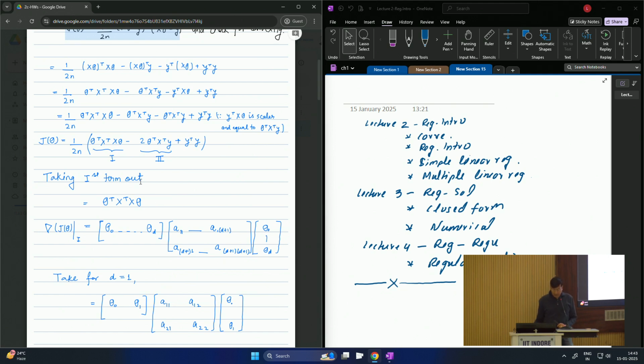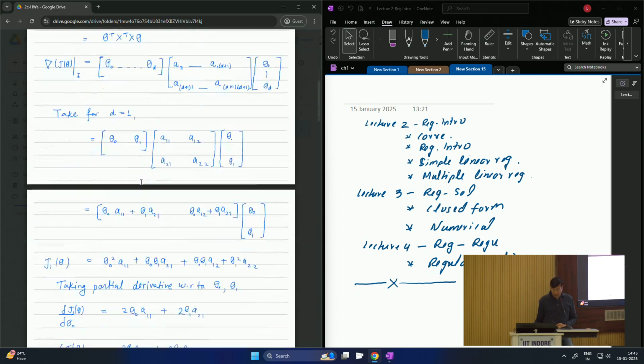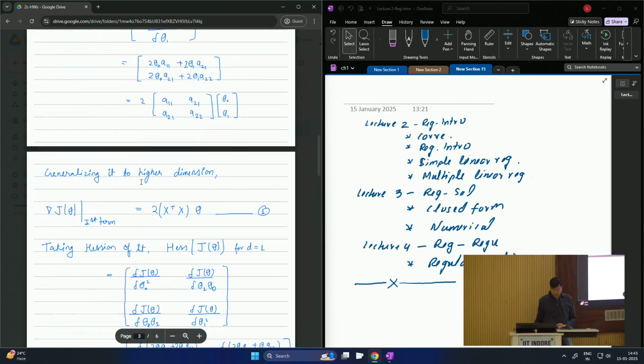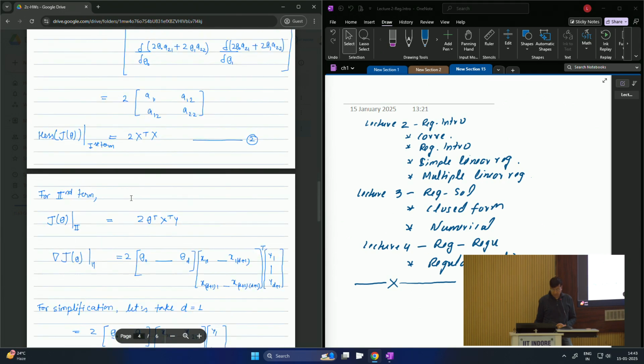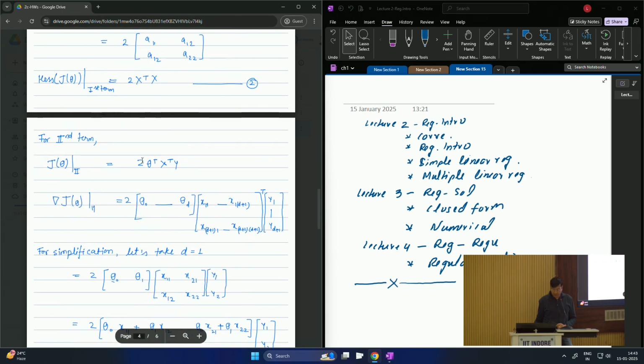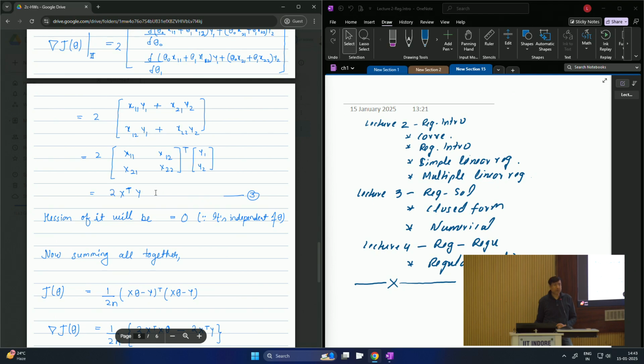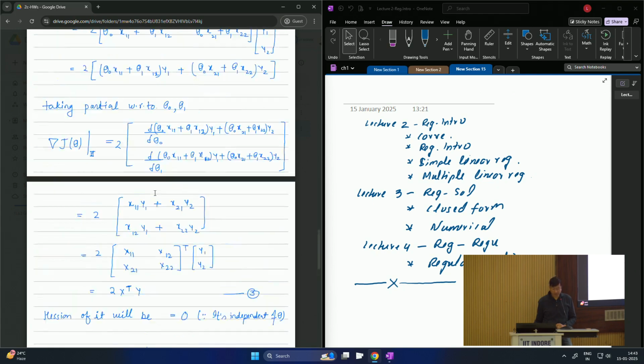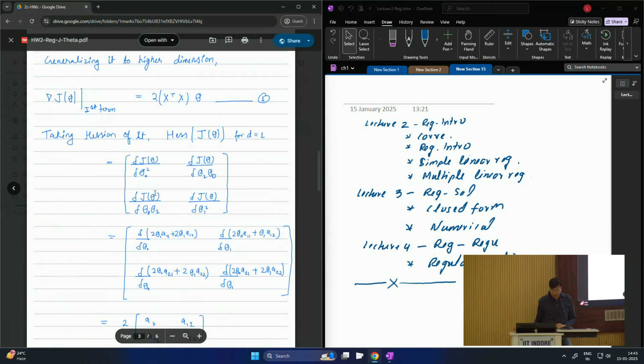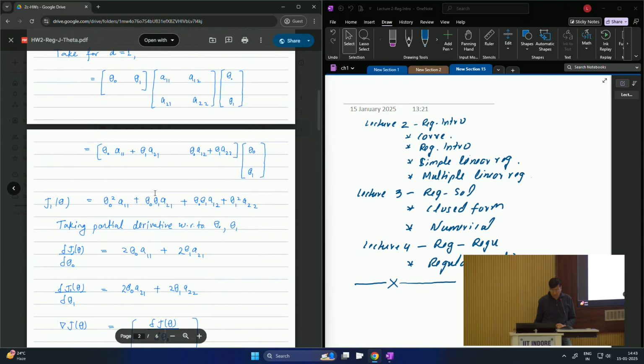And then the second term we had already worked out on the board. Once you differentiate this 2 theta transpose X transpose y, you can see that you will end up getting just twice X transpose y. This I had worked out, but the first term I had not. So the first term is worked out here.